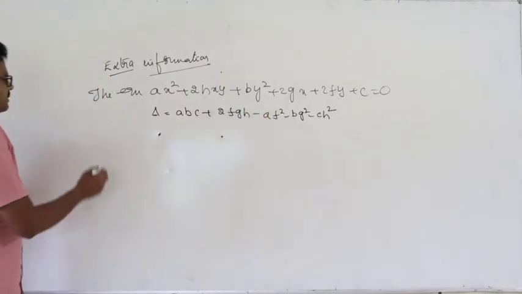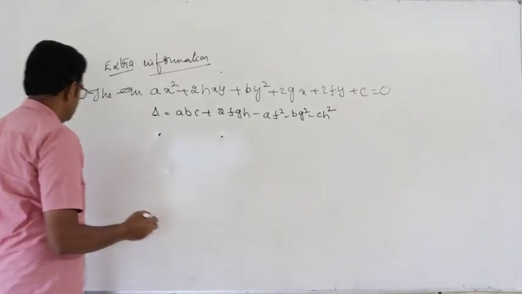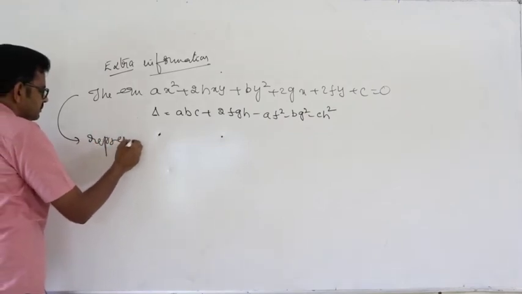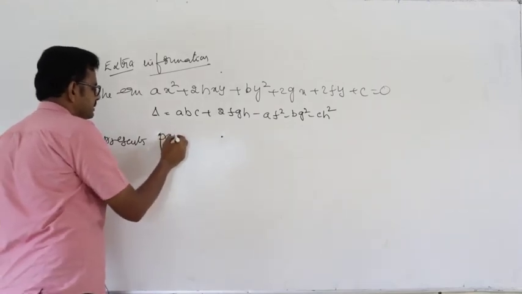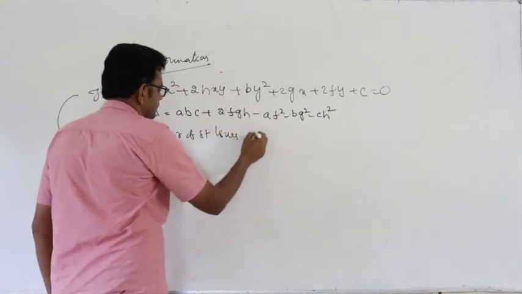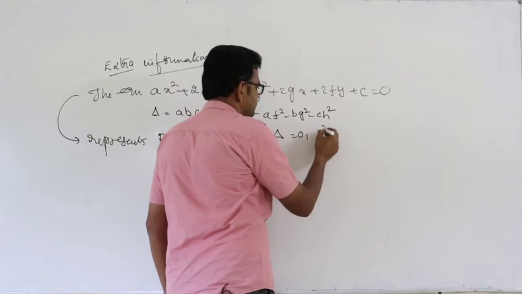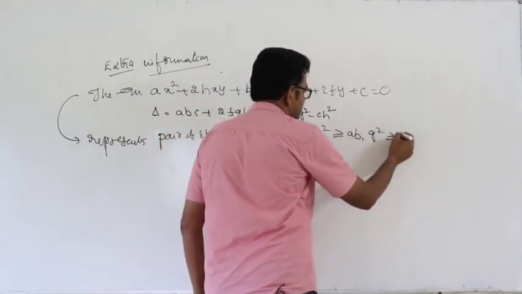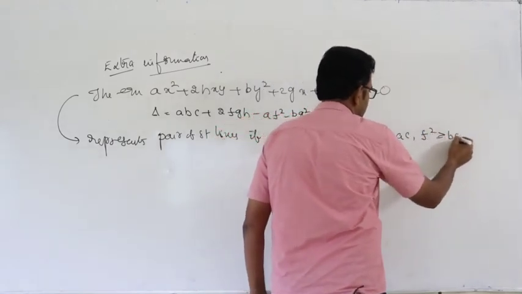Now this equation represents a pair of straight lines if delta is equal to 0, h square is greater than or equal to ab, g square greater than or equal to ac, f square greater than or equal to bc.